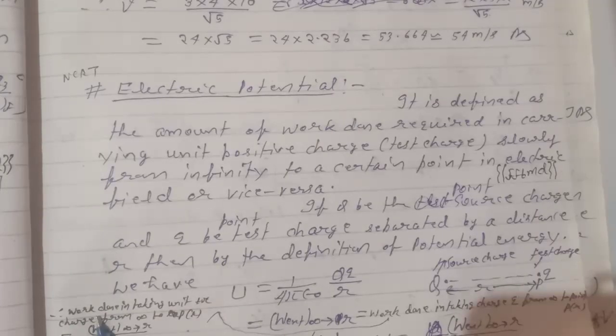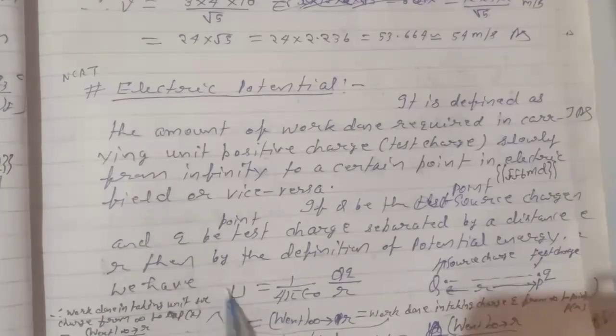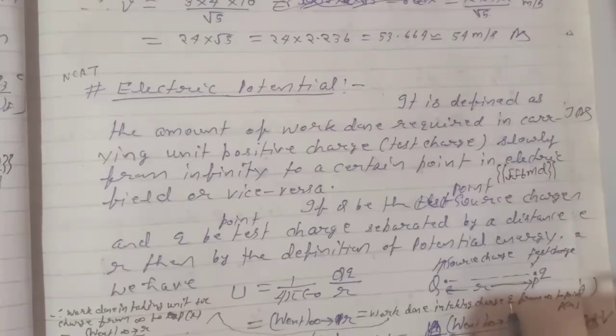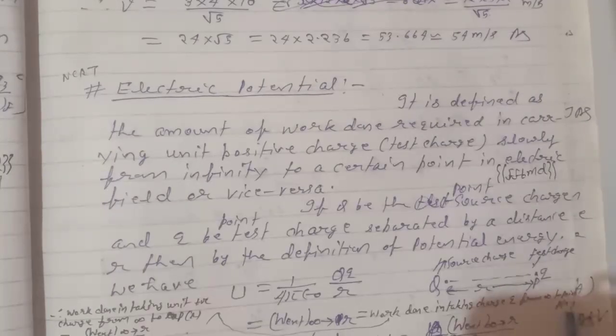Hence we have U equal to 1 by 4 pi epsilon naught Q into q by r, and this is equal to the work done by the external agent in taking charge q from infinity to the point P at distance r.